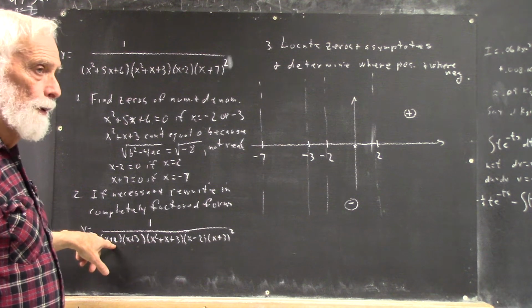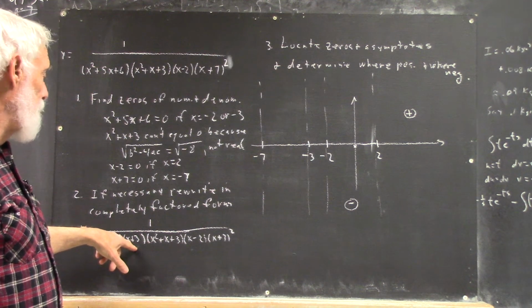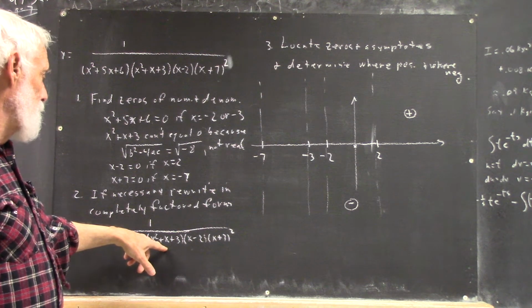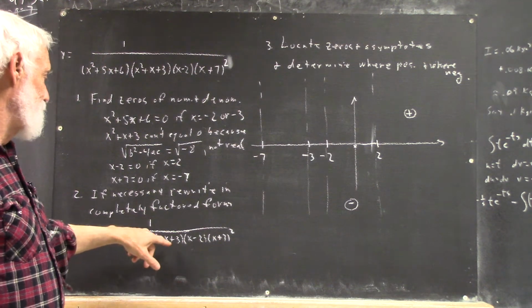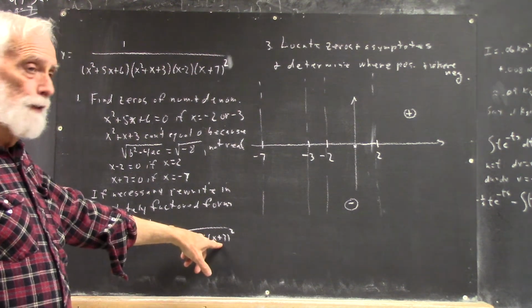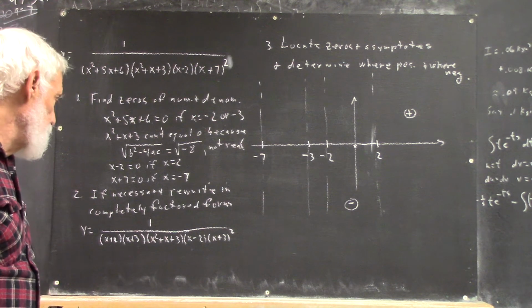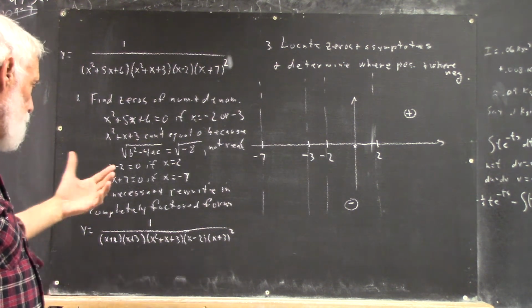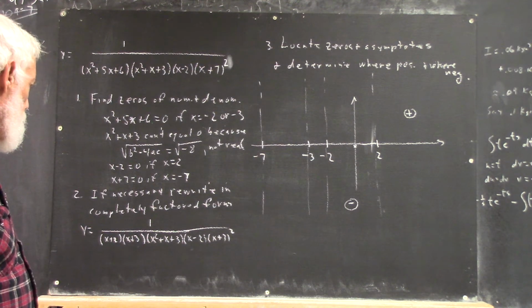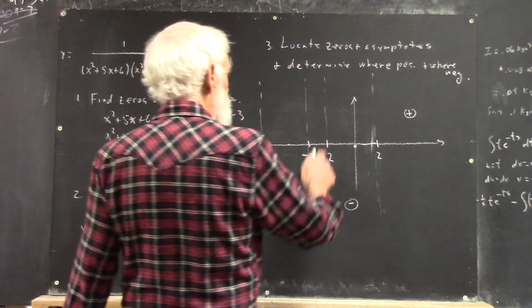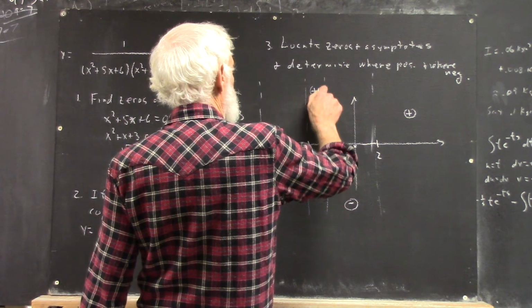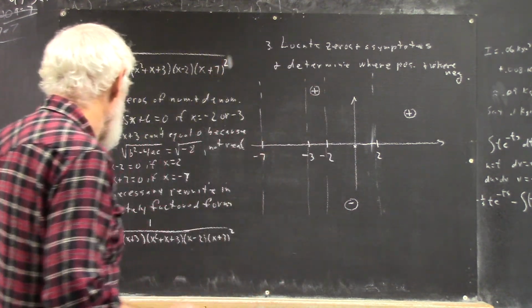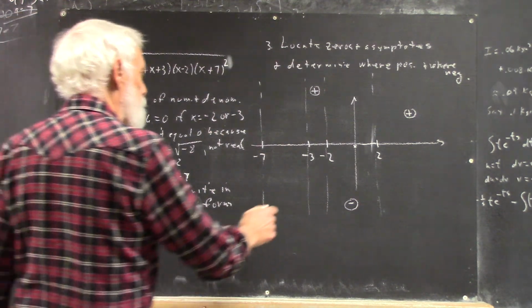X plus 2 will be negative. X plus 3 will be positive. You could check this out, but it's going to end up positive, and this will end up positive. So you're going to be positive. You've got two negatives there. So the function's going to go positive in this interval. It's going to go negative on this interval.